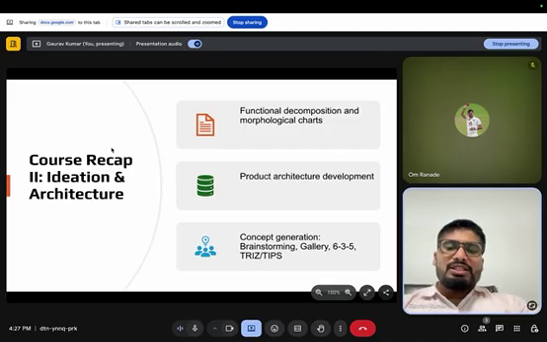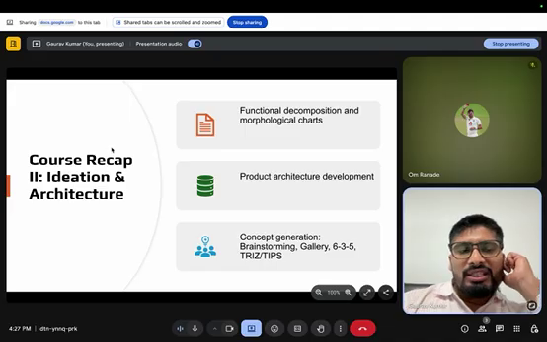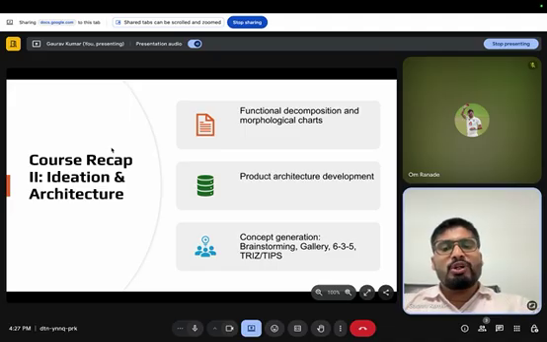The second stage of the course dealt with creative concept generation and product architecture development. Methods such as function decomposition, morphological charts, brainstorming, gallery techniques, the 6-3-5 method and TRIZ were introduced to encourage both divergent and convergent thinking.